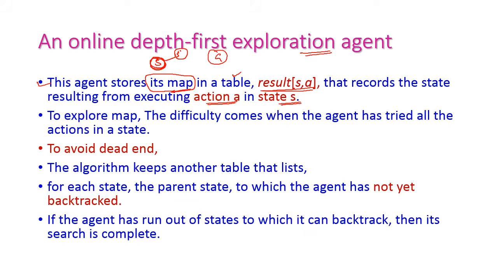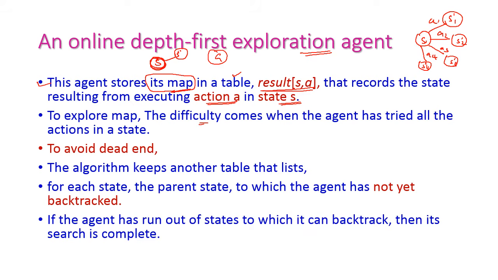So here the difficulty is, suppose an agent has 4 actions, then all 4 actions should be tried in the same state S. Then it will reach S dash 1, S dash 2, S dash 3, S dash 4.